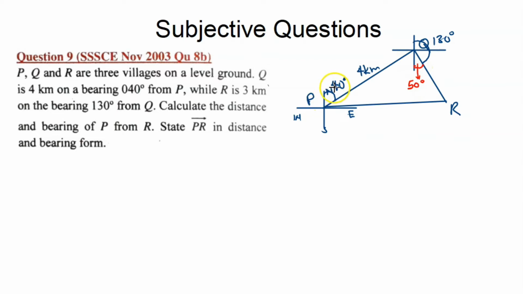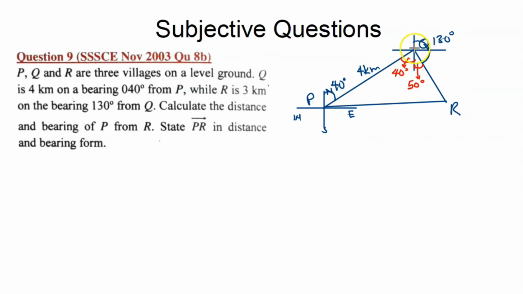Secondly, I have 40 degrees here, and as you know, the cardinal points are parallel to each other. When you have a transversal line connecting two cardinal points, you get parallel line relationships. Hence the 40 degrees here is alternate to the angle here, so this section is also 40 degrees.